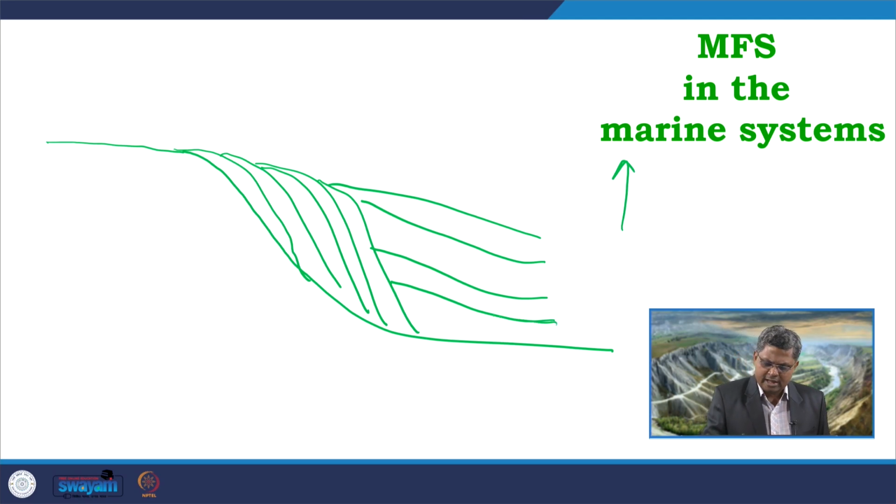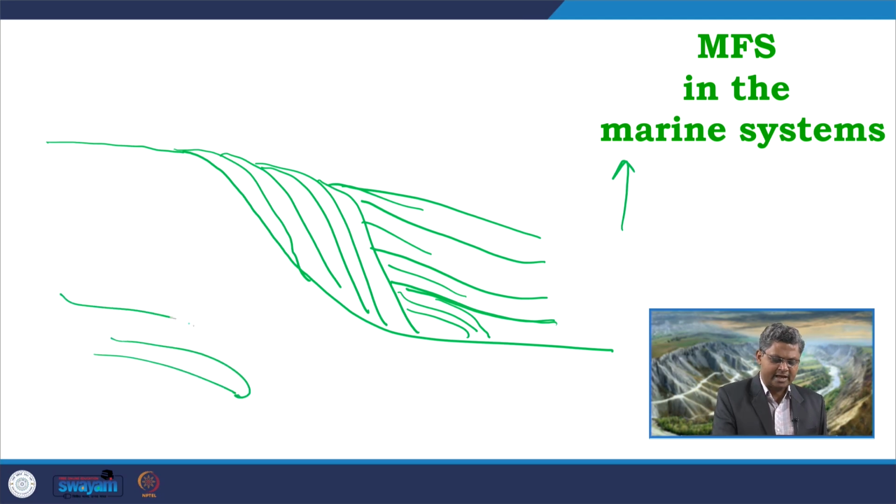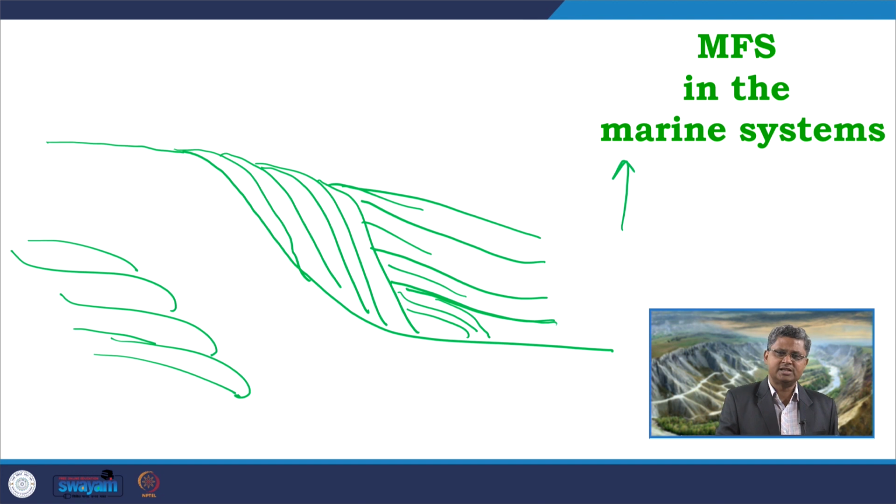These are nothing but the deposition of successive gravity flow deposits, and these gravity flow deposits are actually retreating back. We get one phase of gravity flow deposits, the next one is like this, the next one is like this, and it is going back. So, we are getting successive gravity flow deposits, but those gravity flow deposits are retreating back gradually.